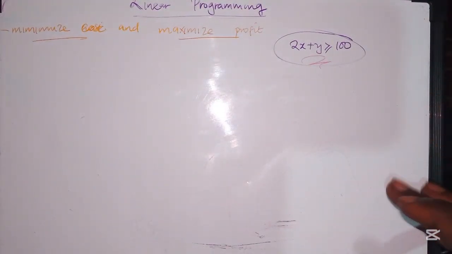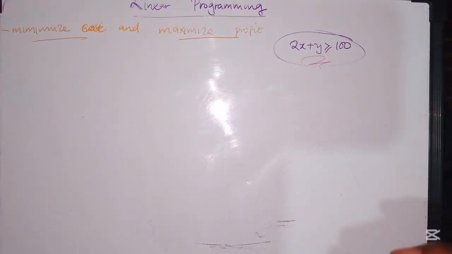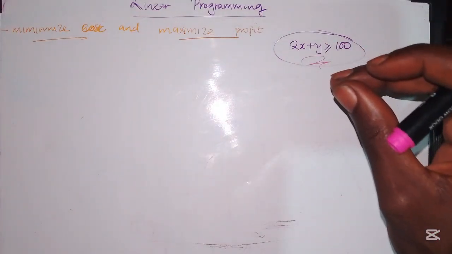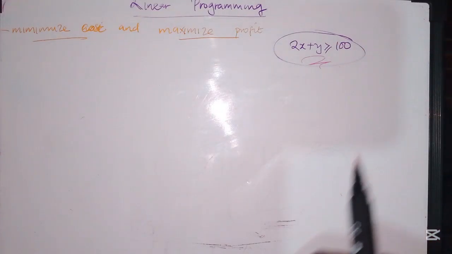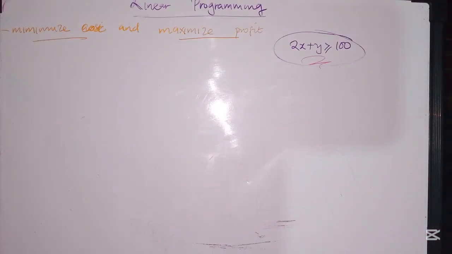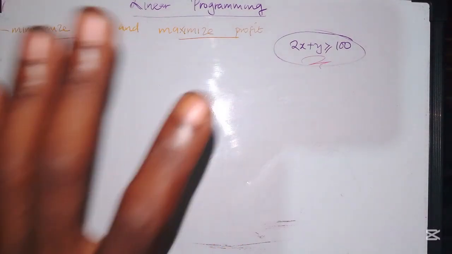So this will be our main focus for our video today. So this is our part 1. So in our part 1, we will be basically focusing on how you can be writing what? Linear equations. Yeah. So I said this is used to maximize the profit and minimize the cost.